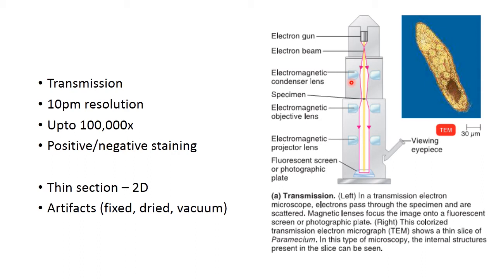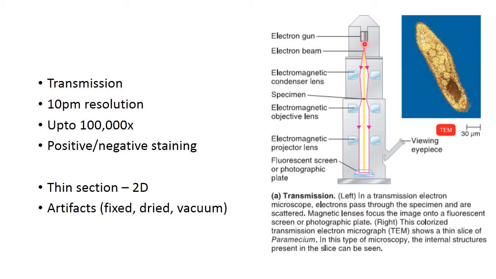In the case of an electron microscope, the condenser lens does the same function: it collects the beam of electrons and converges it onto the specimen. However, this lens is not a glass lens as we have seen in light microscopes. This lens is an electromagnet.